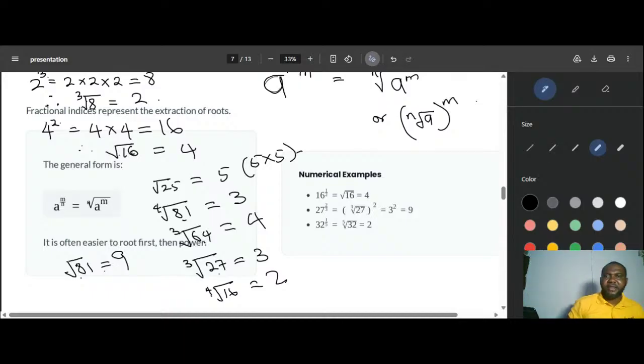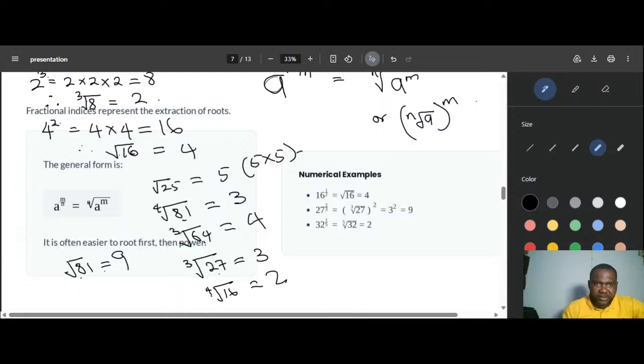Let me see if I can get a scientific calculator here. I'm trying to get a calculator online.